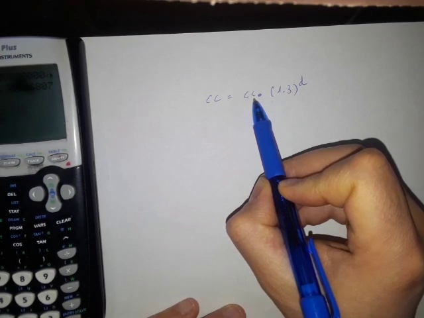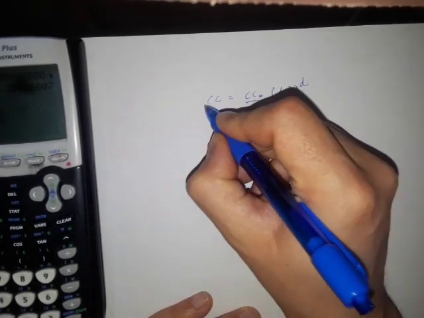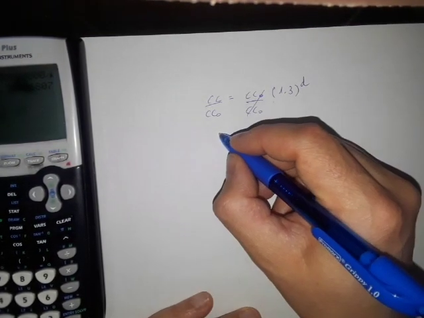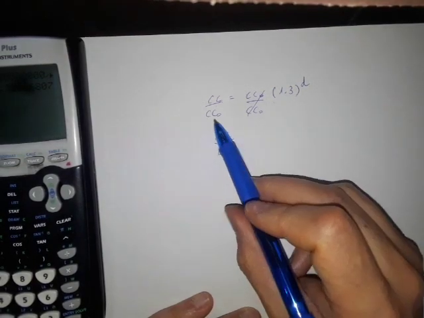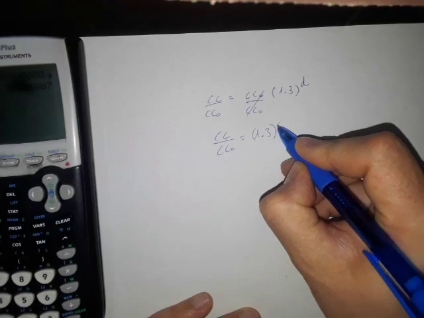Okay, so if we divide this over the initial amount of cases, this cancels out. We have coronavirus cases over the initial coronavirus cases equals 1.3 to the power of d, right?